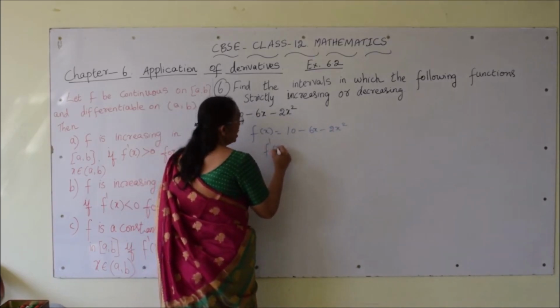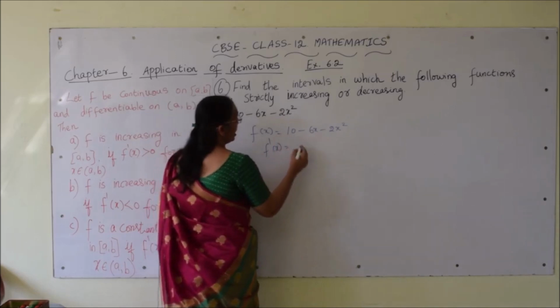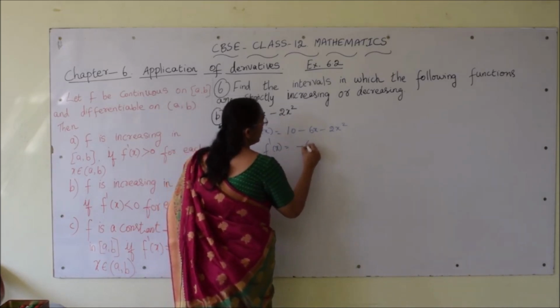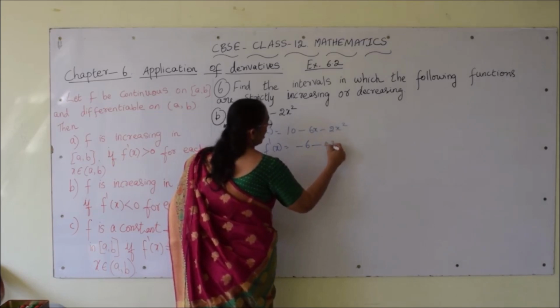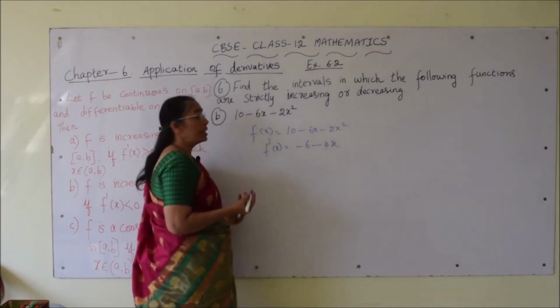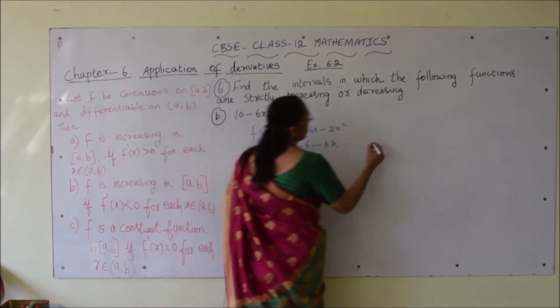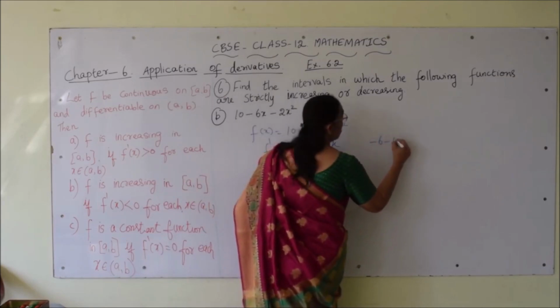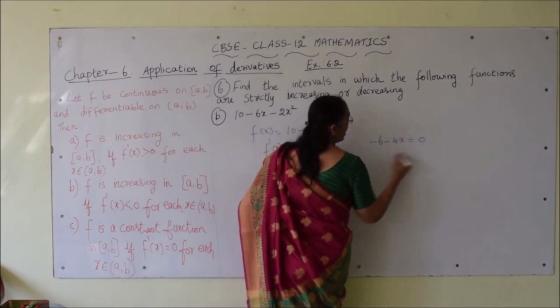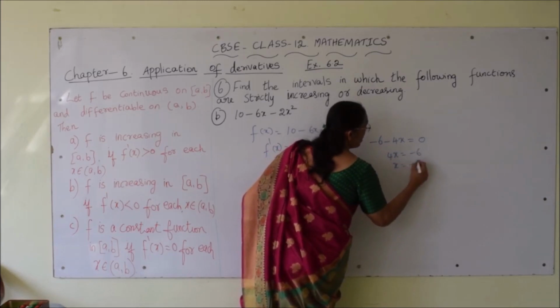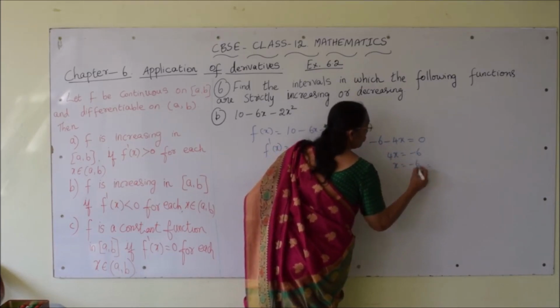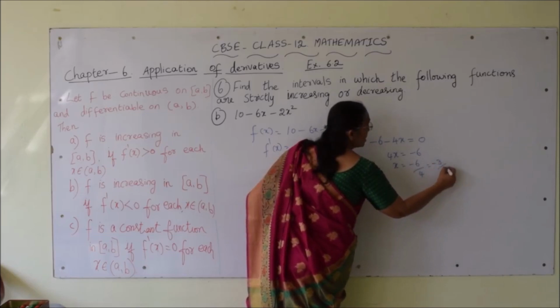So f dash of x is equal to differentiation of 10 is 0, minus 6x is negative 6, minus 2 times 2x is minus 4x. So now to find the turning point, we equate f dash of x to 0: minus 6 minus 4x is equal to 0, 4x is minus 6, or x is equal to minus 6 over 4, which is nothing but minus 3 by 2.